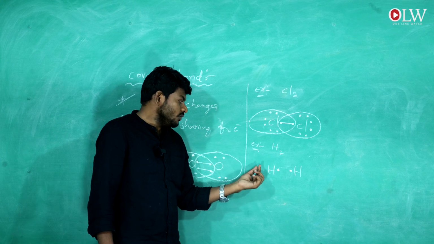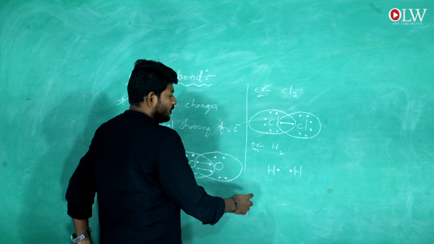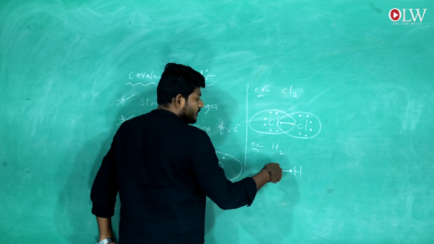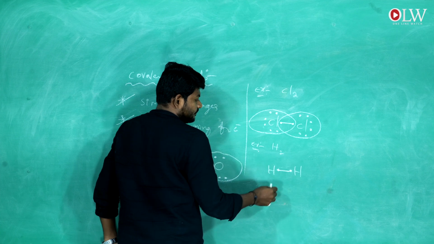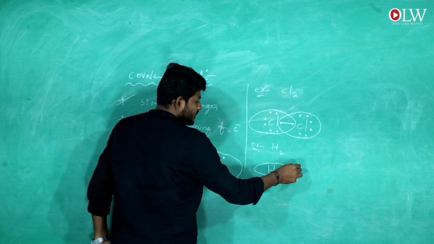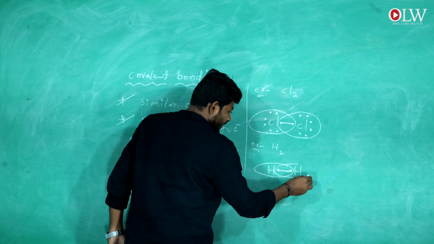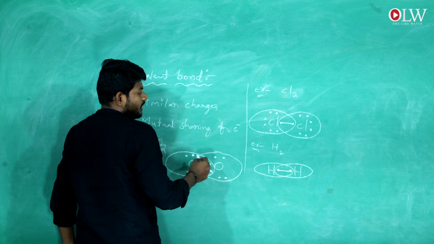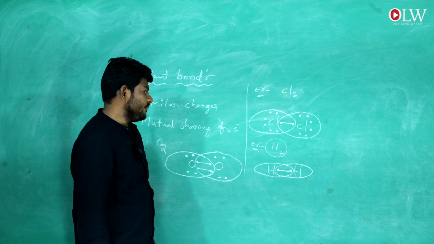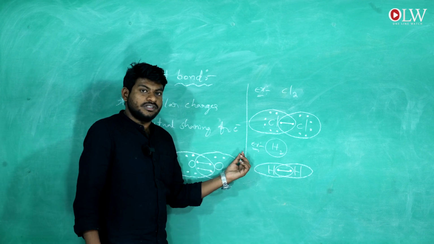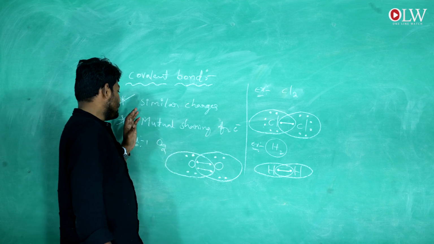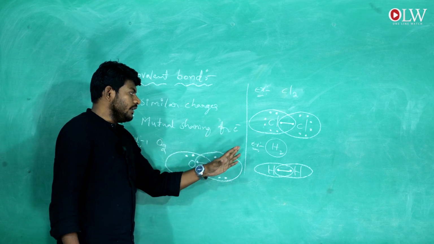So this hydrogen donates to this, and at the same time this hydrogen donates to this. Individually we observe this hydrogen contains two electrons, and at the same time this hydrogen contains two electrons. An exception to the octet rule, hydrogen has a duplet configuration, only two in its outermost shell. This is the covalent bond. These are the examples: oxygen, chlorine, H2.